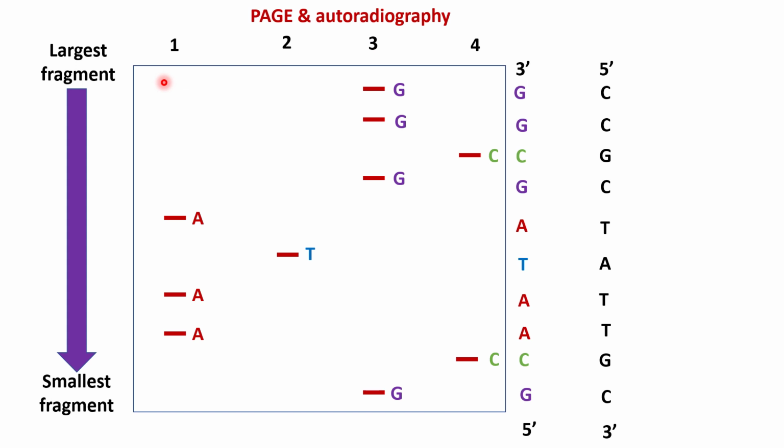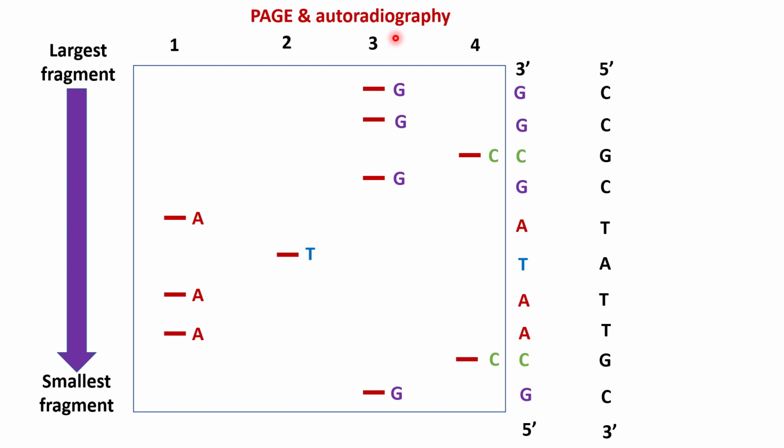Each lane of the gel contains content of each tube, tube 1, tube 2, tube 3 and tube 4. DNA fragments are separated in PAGE based on their size. Since ddNTPs are radio-labeled, autoradiography would be performed.